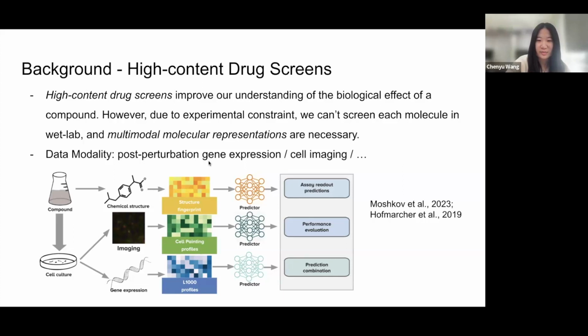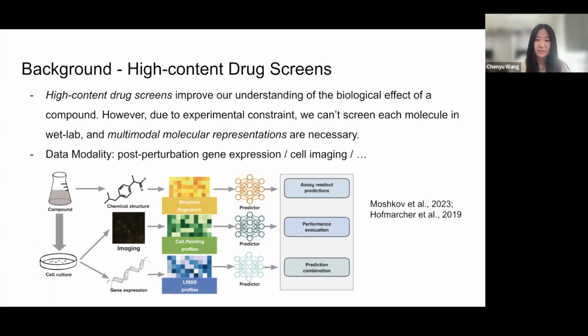So this experiment is a good way to help us figure out what the drug's real effect is in the cellular context. However, due to experimental constraints, we are not able to screen in the wet lab every molecule that we are interested in. Therefore, we want to learn a multimodal molecular representation based on the drug screening and the drug structure modalities.